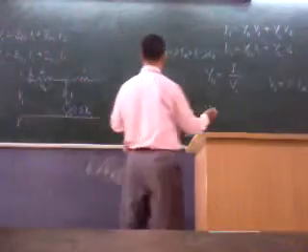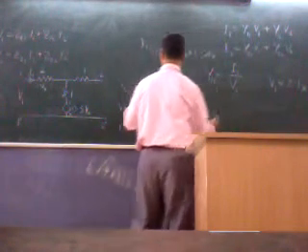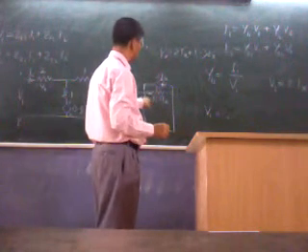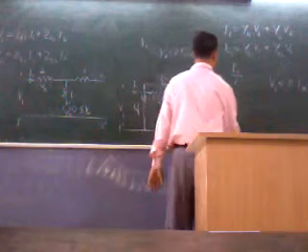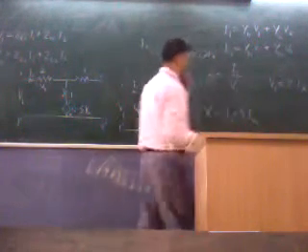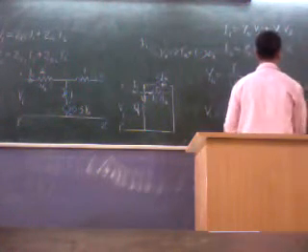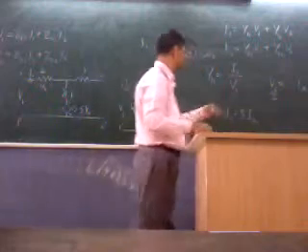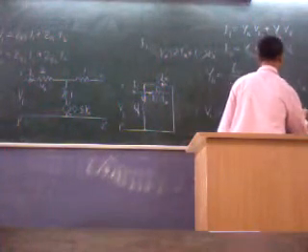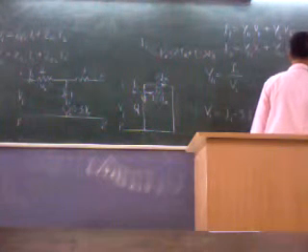So V1 is equal to I1 minus 3Ix. But what is Ix? Ix is equal to V1 by 2. So put it here. V1 is equal to I1 minus 3V1 upon 2.